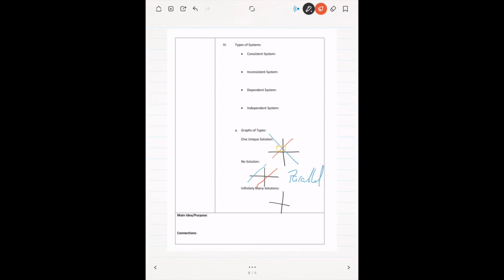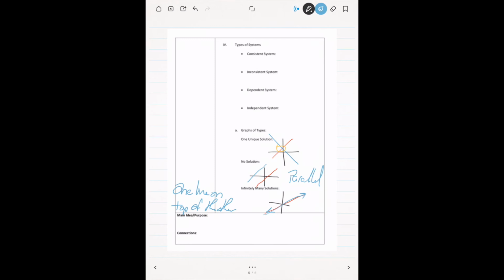So I'm going to try to draw this as best I can. Let's pretend we had some line there, some red line. And then I'm going to take another line, the blue line, and I'm going to draw it right on top. This is where one line is on top of the other. What this is saying is you basically have the exact same line.